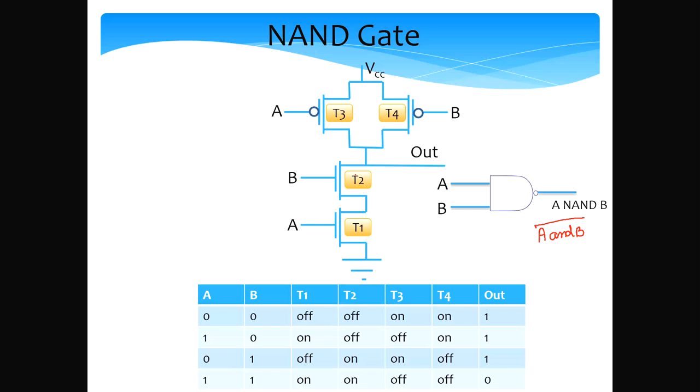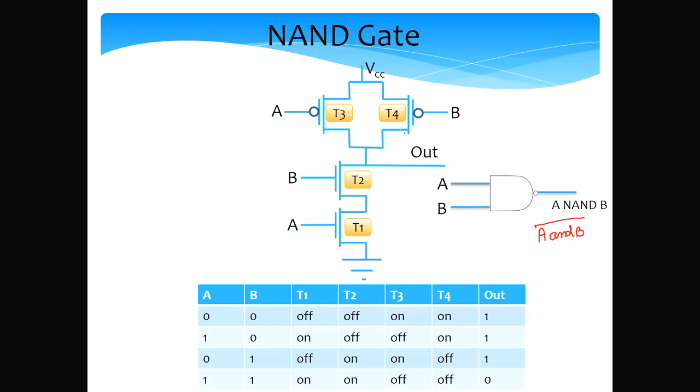We have the NMOS transistors in series, T1 and T2, and we have the PMOS transistors in parallel. So the input A is connected to T1 as well as to T3, and the input B is connected to T2 as well as to T4.